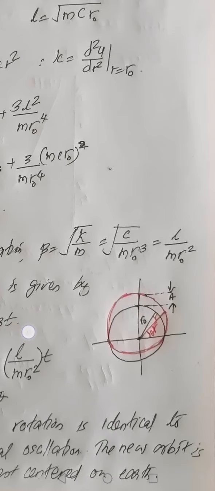And r is the radius. But one thing you have to remember is both have the same circular shape, but the center is different. The center of the first one is the center of earth, but for the second one it is not at the center of earth, it is changed. This distance is a, the amplitude.